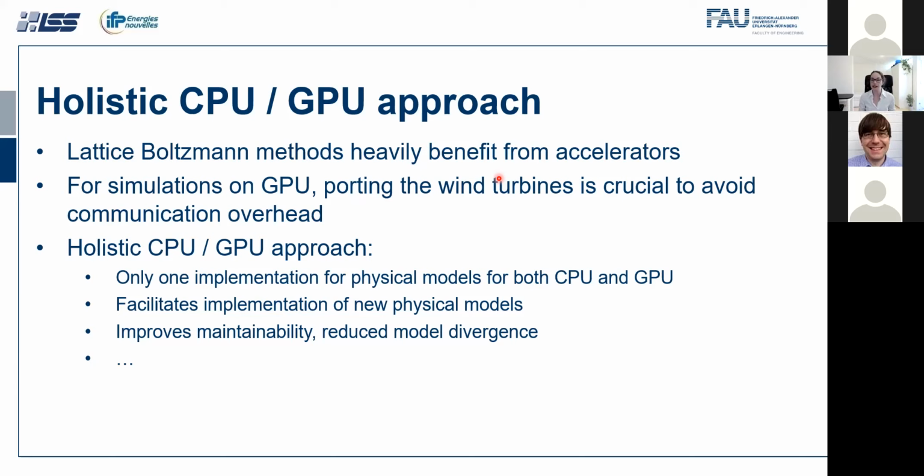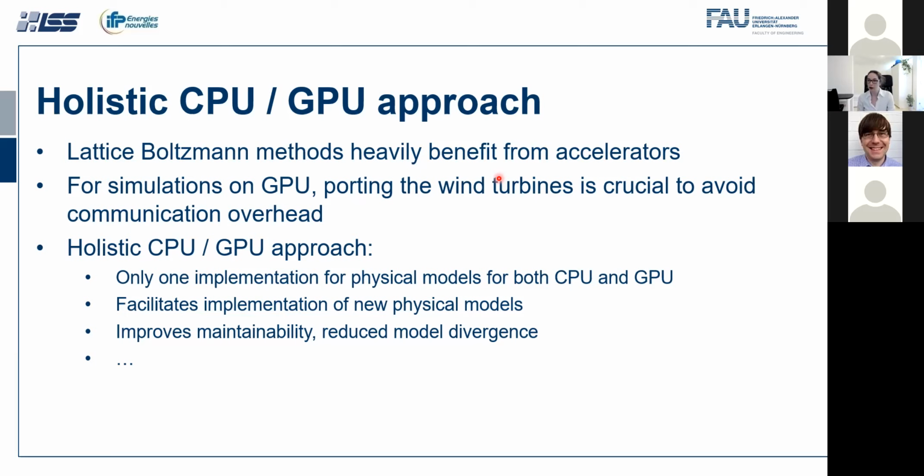And this, of course, facilitates the implementation of new physical models because you only have to implement them once. Also, it improves the maintainability because you only have to maintain one model, and it reduces model divergence, which means that we can always ensure that CPU and GPU actually do the same thing in terms of the turbines.